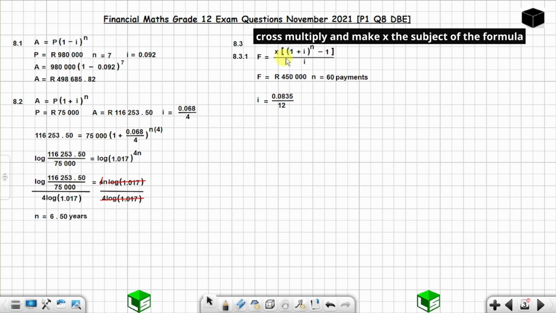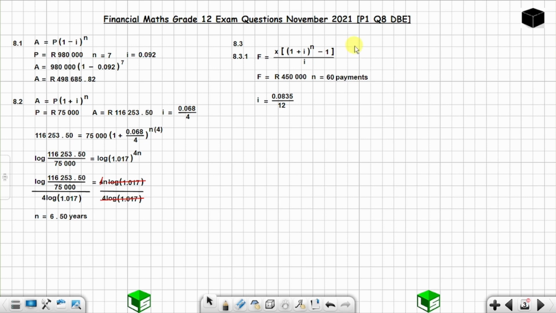To get X alone on this side, I'm going to multiply by I over this. When I multiply by I, this I and this I are going to cancel, so it will be I over this part, so that this part and the same part at the bottom are going to cancel.